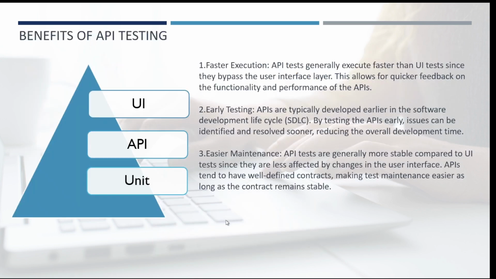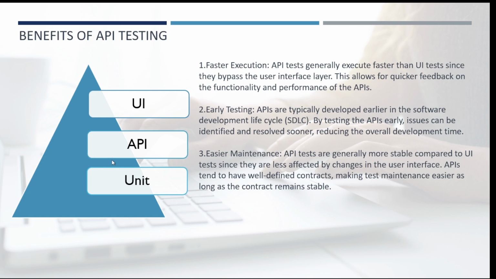Okay, now let's talk about the benefits of API testing. As we can see here in the automation pyramid, we have unit, API, and UI tests are the last ones. Why is that? It's because unit tests and API tests can be done in earlier stages of the development, but the UI tests can only be done when the development is basically finished.